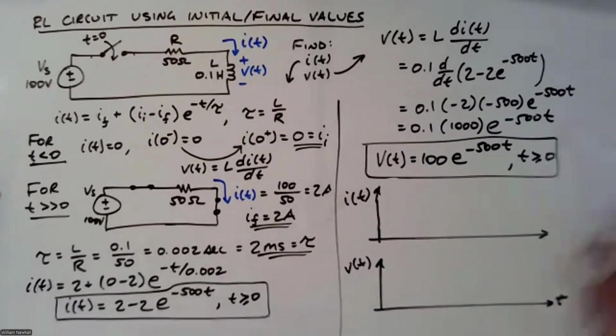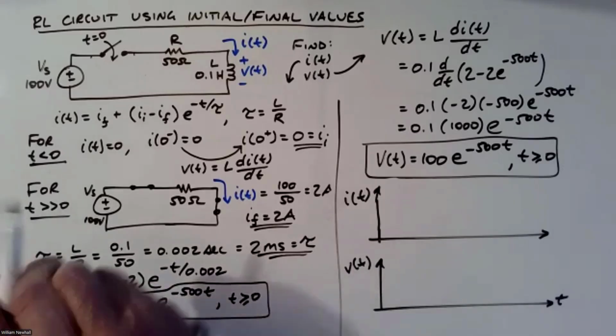Someone asks, how do I get the minus 500? Minus 1 over 0.002, that's where the 500 comes from.